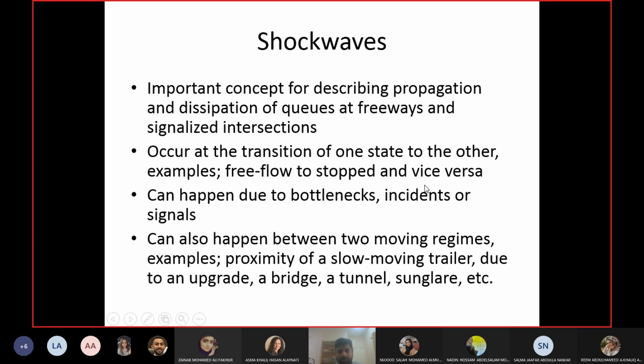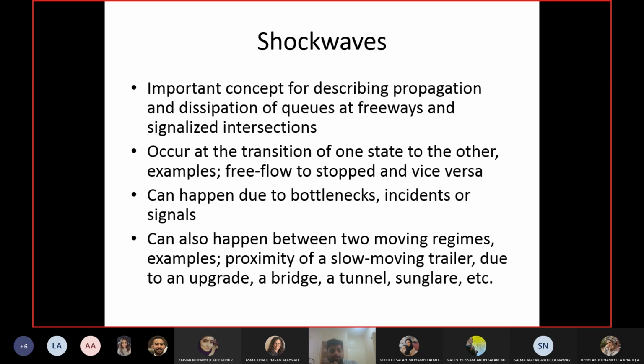Or the other way around. You are coming out of a segment which was stopped and you are going into a segment which is in free flow. Okay, and this can happen where? Can somebody tell me?